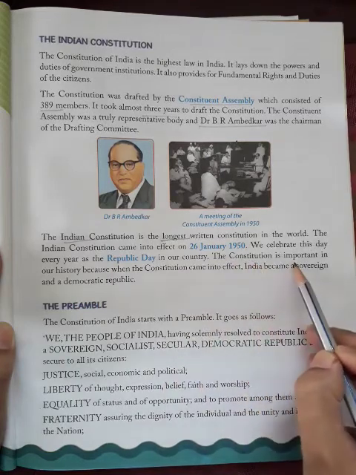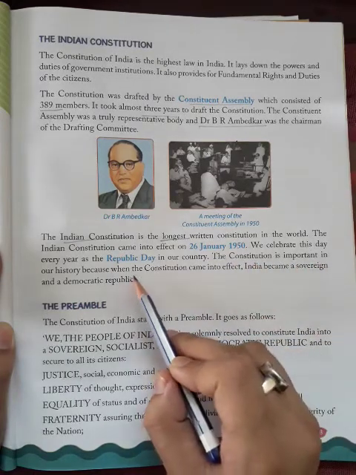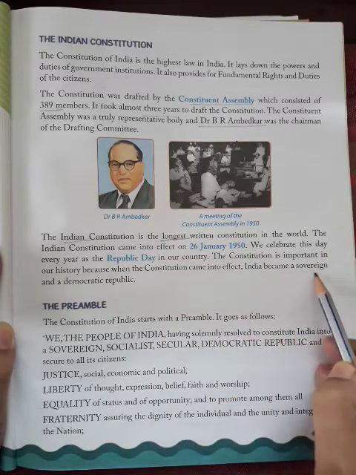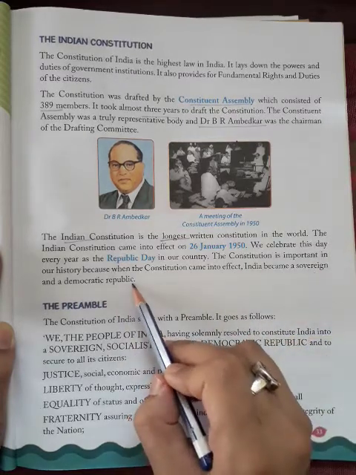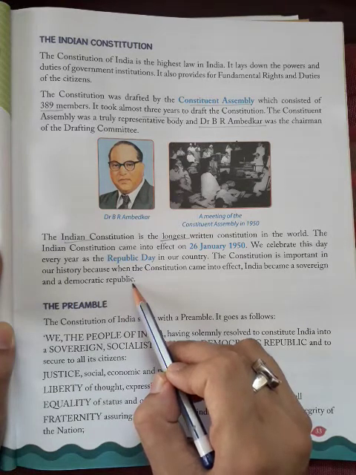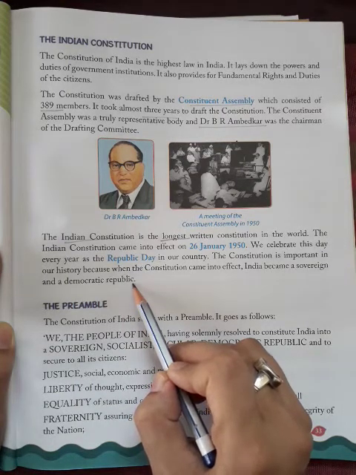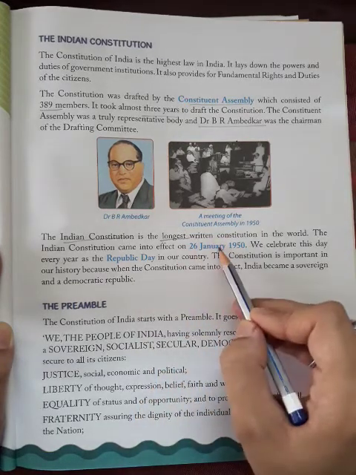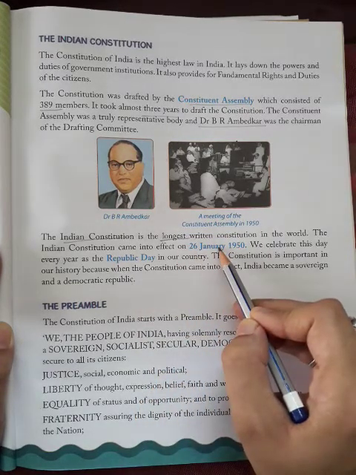The Constitution is important in our history because when the Constitution came into effect, India became a sovereign and a democratic republic. Now, our Indian Constitution is the longest written constitution in the whole world. It came into effect means it was declared or announced to the whole country on 26th January 1950.